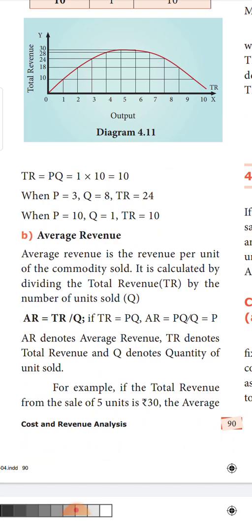When price is 3, quantity sold is 8, so total revenue is 3 into 8. This is the nature of the TR curve during declining price condition. When prices are falling down, the TR curve will be an inverted U. It will initially rise, reach a maximum point, remain constant, then start to fall down.